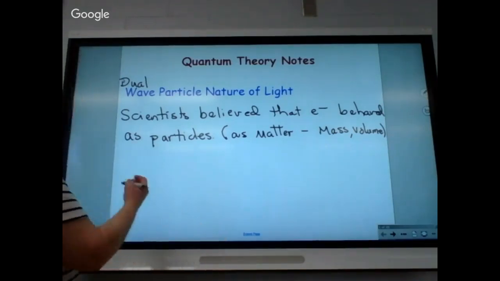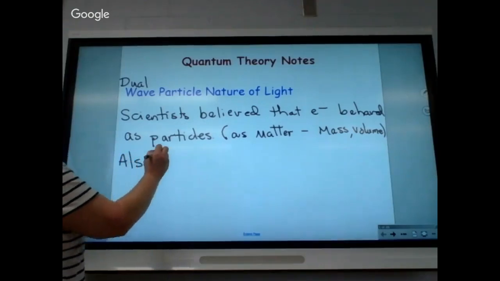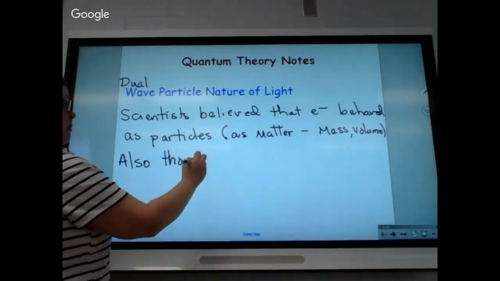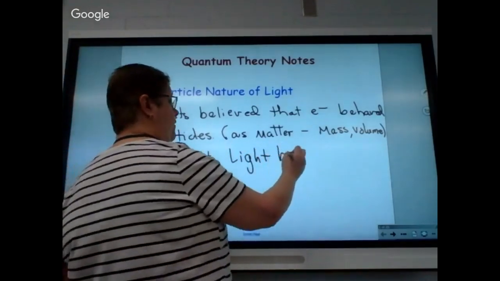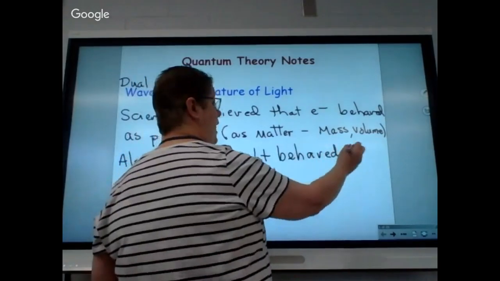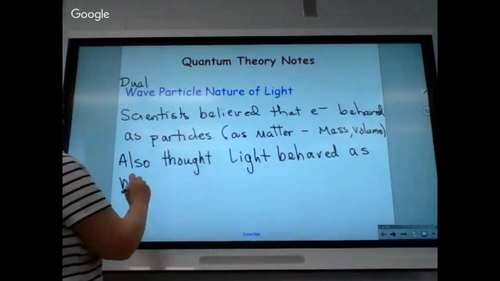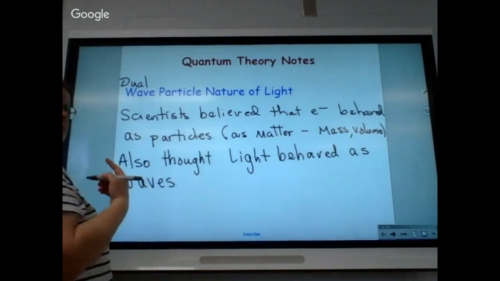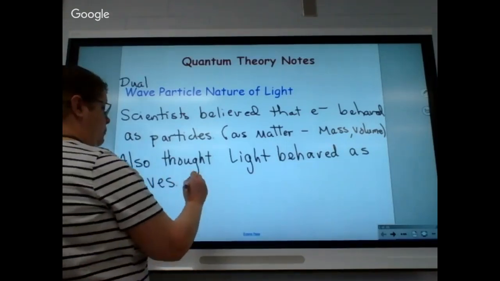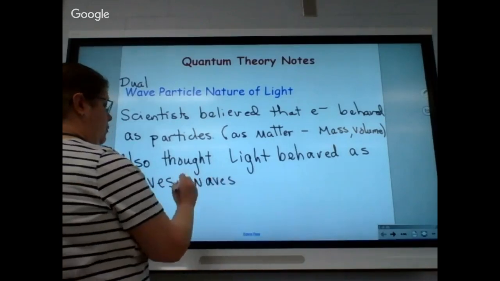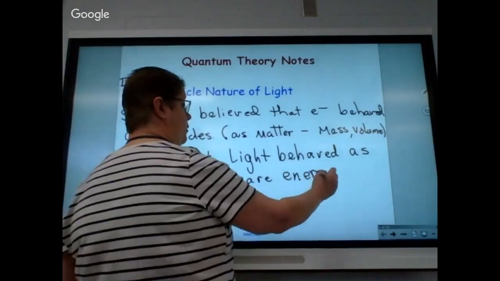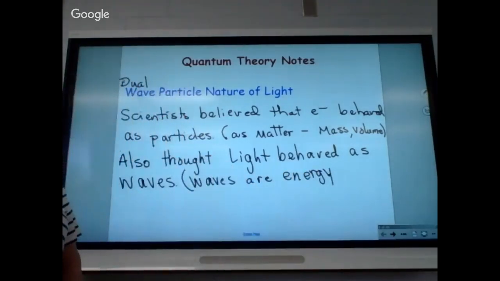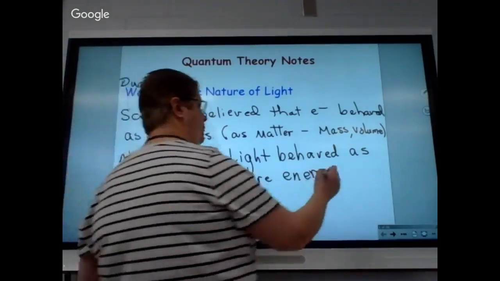Now, at the same time, they also thought that light behaved as waves. Okay? Now, waves are, generally speaking, energy. Now, is energy matter? No. Okay?